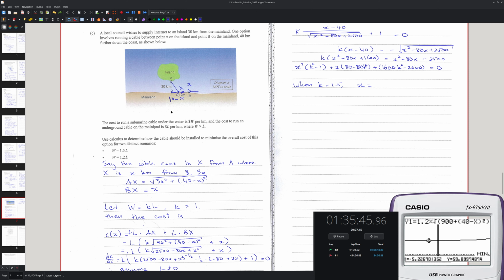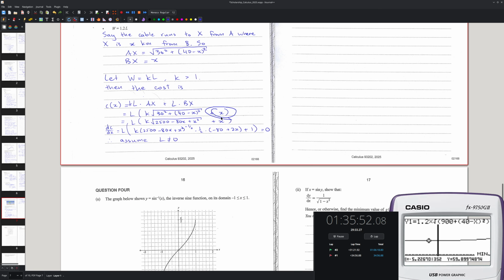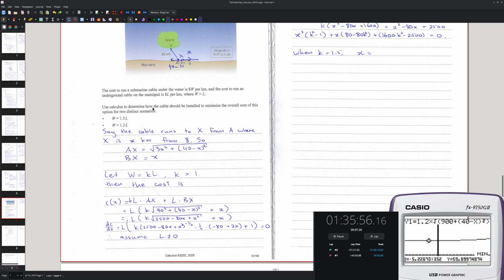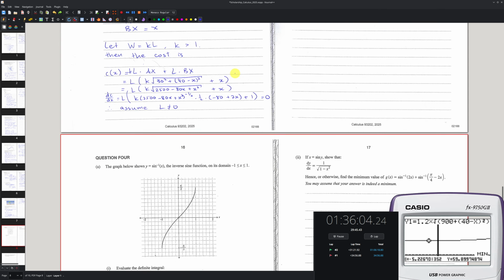But obviously this doesn't make sense, right? Why would you make x negative? Right, because you're getting this. In theory this should be the absolute value of x, right?